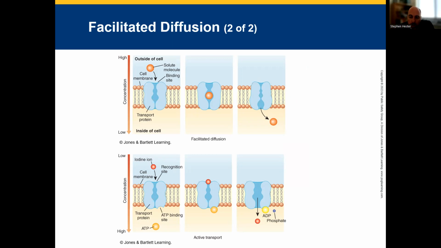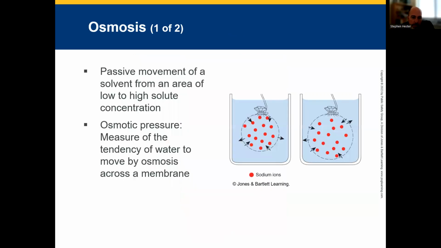Active transport uses energy from adenosine triphosphate, ATP, to open a pathway for compounds to move against a concentration gradient, and that's down there in picture B. All right, osmosis is the passive movement of a solute or liquid from an area of low solute concentration to one of high concentration through selectively permeable membranes. The membrane is permeable to the solvent, but not the solute. Osmotic pressure is the measure of the tendency of water to move by osmosis across the membrane.